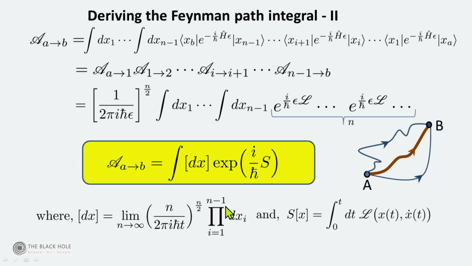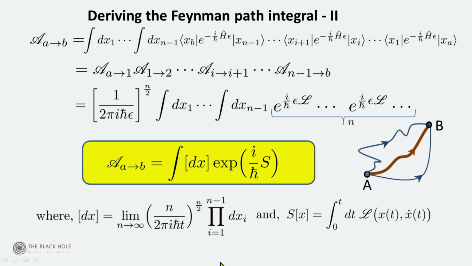You remember I'd taken n equal to 8, but there were 7 integrals to be done. So there are 7 of these, I mean, infinity minus 1 of these. And this stuff over here is called the measure, and we've derived the measure.